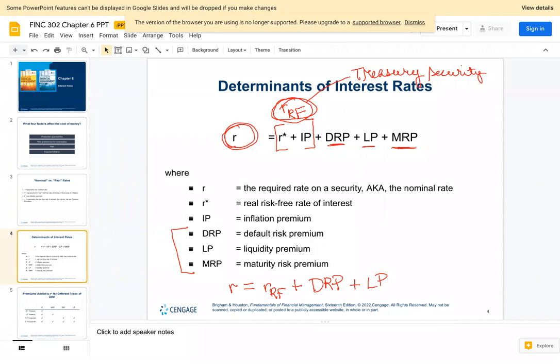In other words, is there a secondary market for it? And what about the maturity risk premium? That the value of the security will change as interest rates change, and long-term securities are more sensitive to changes in interest rates than short-term securities.